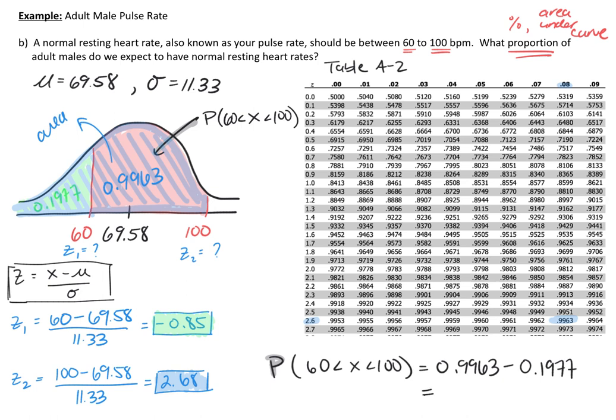If we do that calculation, that gives us 0.799, or approximately 79.9% of male pulse rates are going to be between 60 and 100 beats per minute. Watch the next video to see how you do this on the calculator.